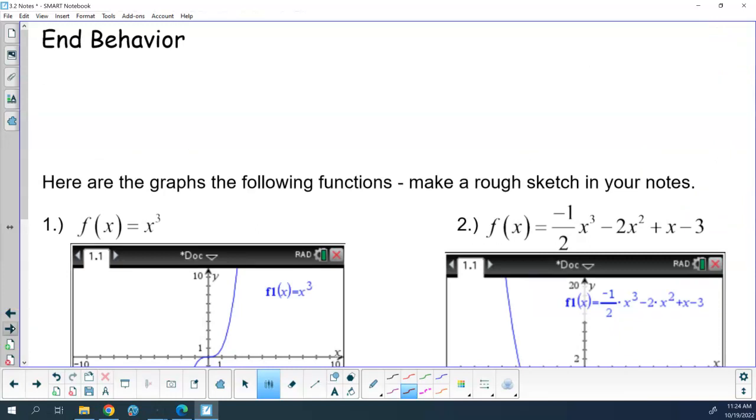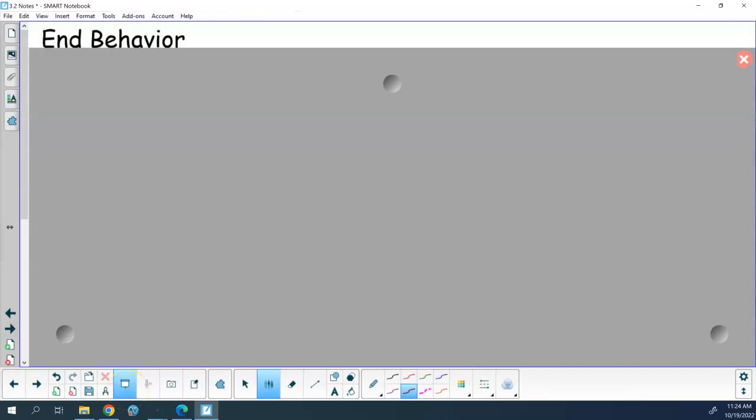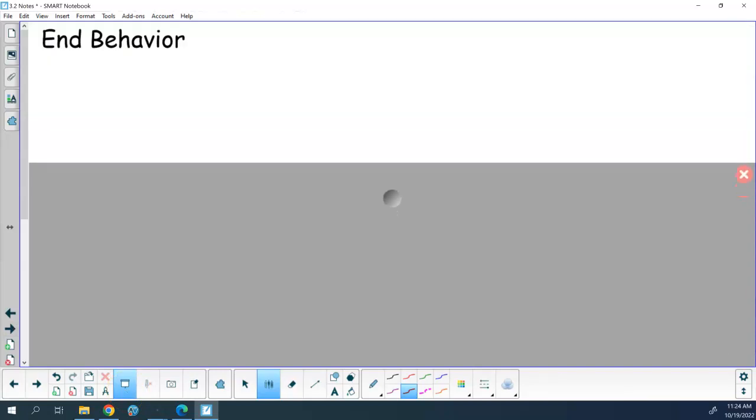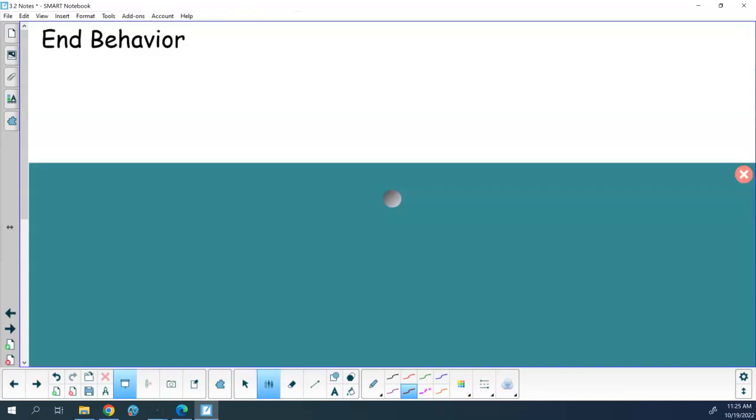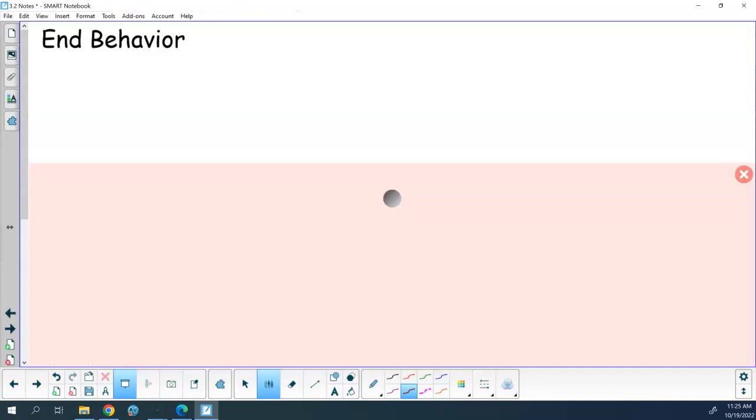So when we get into graphing these functions, like we're going to do here, and talking about end behavior, let me get a shade going on here. It's Wednesday, so we want the pink shade. What I'm most concerned about with these functions is something called end behavior.